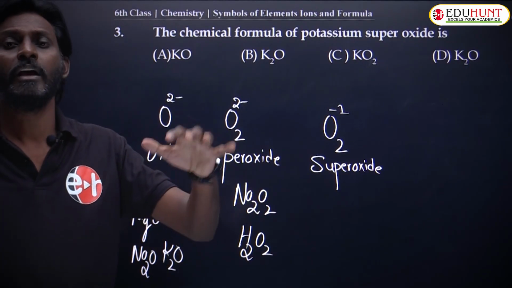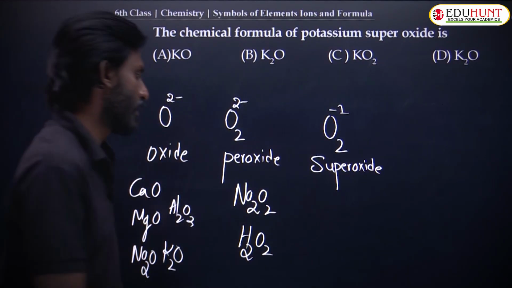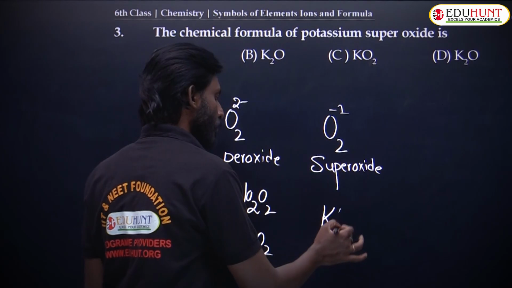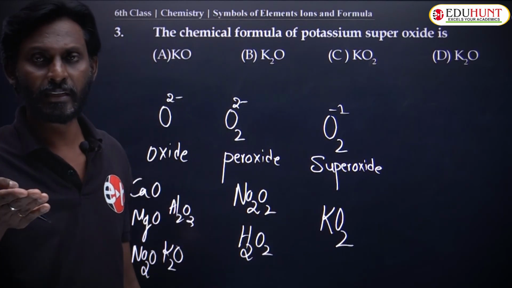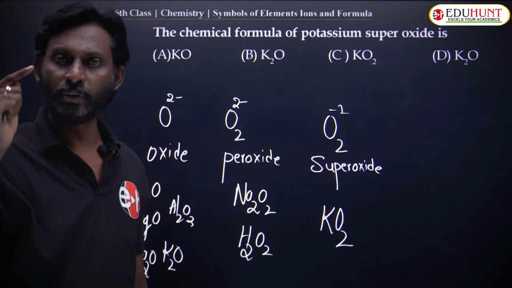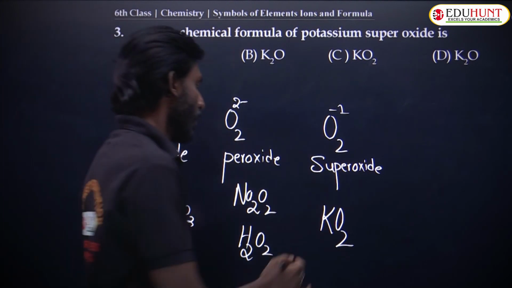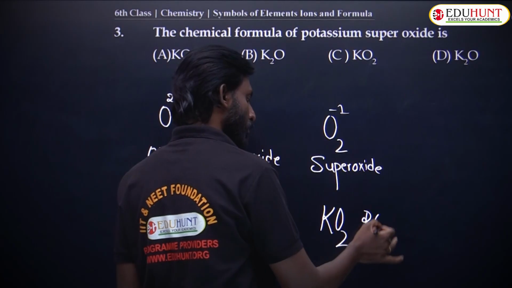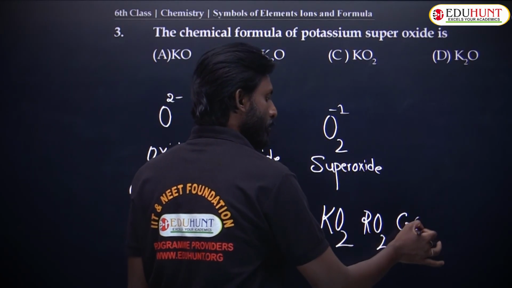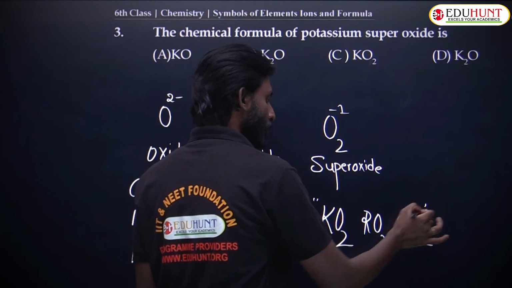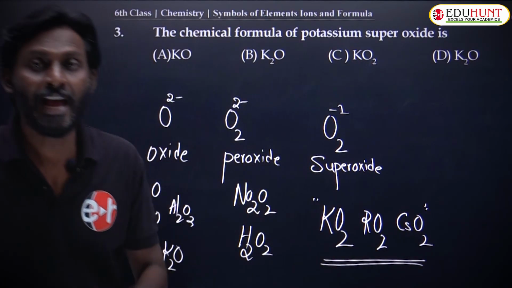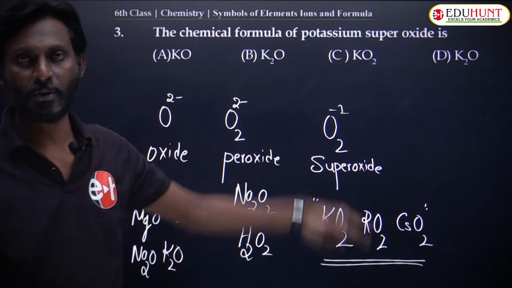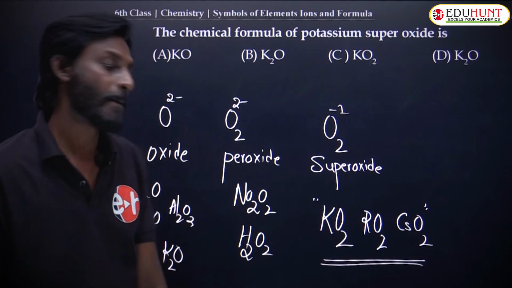In our syllabus, you will find it in one place only, that is potassium superoxide. Which family? Alkali metals, right? Lithium, sodium, potassium, rubidium, cesium. Potassium superoxide, rubidium superoxide, cesium superoxide. These are the only three examples where you find oxygen in superoxide form. I hope you are getting this. Yes.